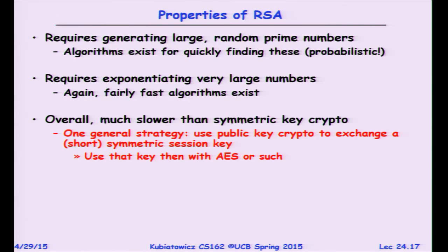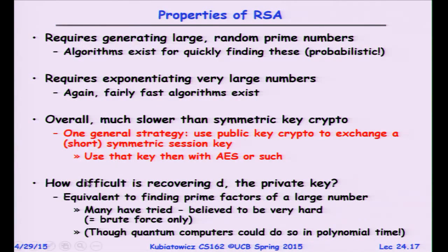And so basically, you use the public keys to help you with identity and key distribution. And how difficult is it to recover the private key D from the public key? Well, the answer is it's supposed to be very hard, supposedly. There are no actual proofs, but it seems to be sub-exponential. It basically goes with how hard it is to factor things.